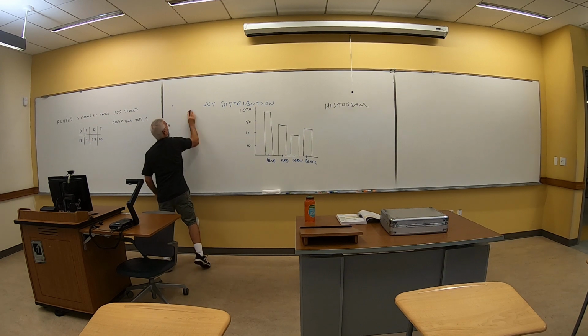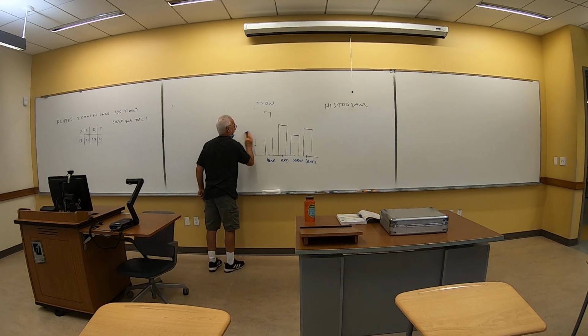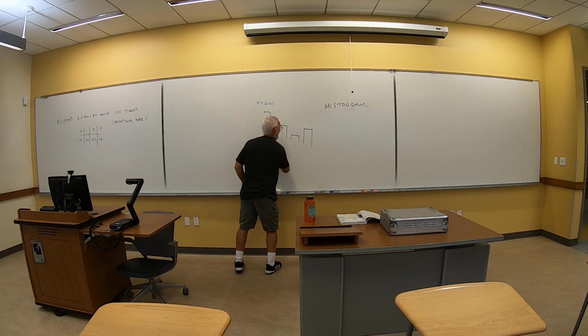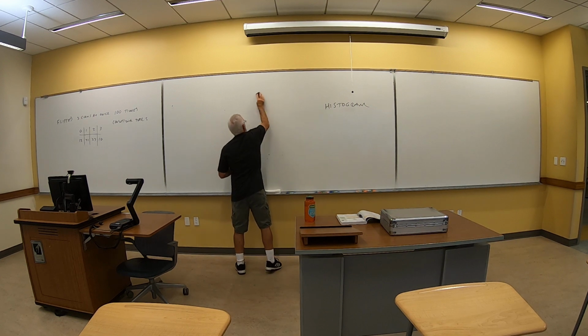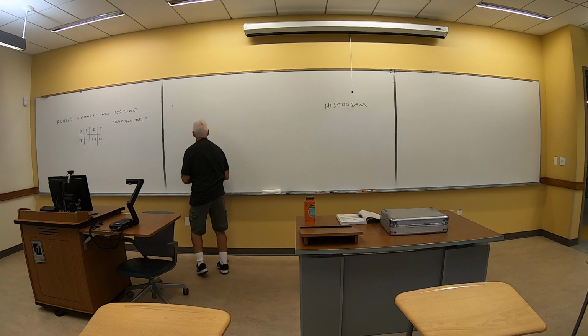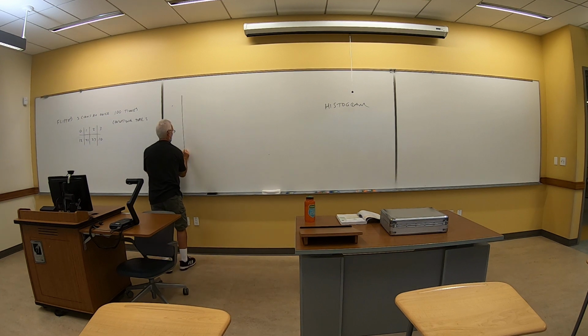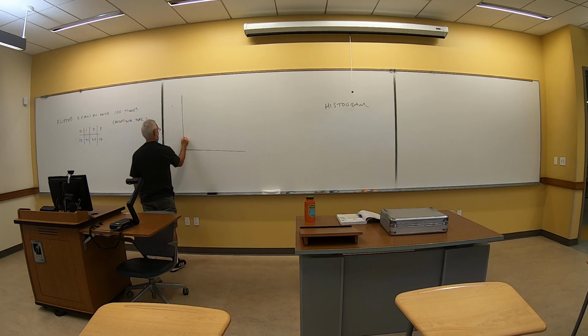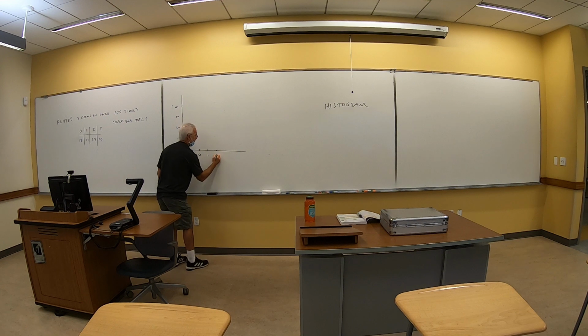But we want to get it right because we're building on this, there's a more complicated thing coming up. So 41 was my highest, so let's say that's 10, 20, 30, 40. Now, 0, 1, 2, 3.